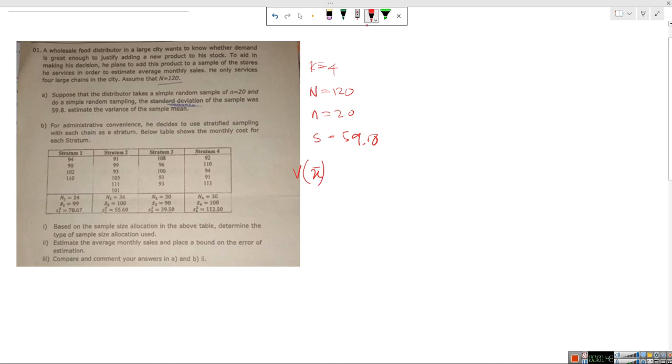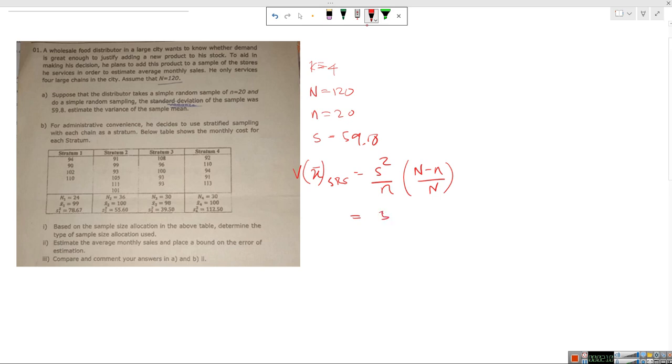If we consider this as simple random sampling, the variance is S squared divided by n, into N minus n divided by N. All the values are given in the question itself, so we can just substitute and get the answer.